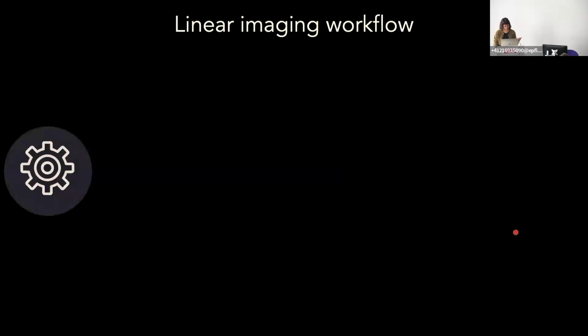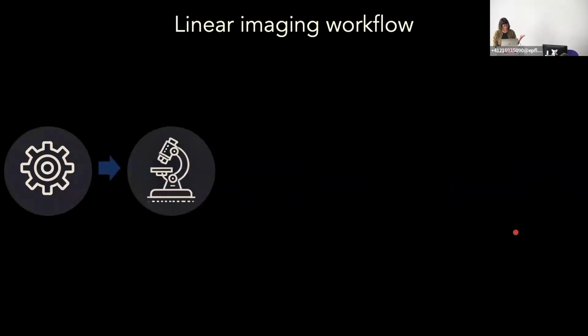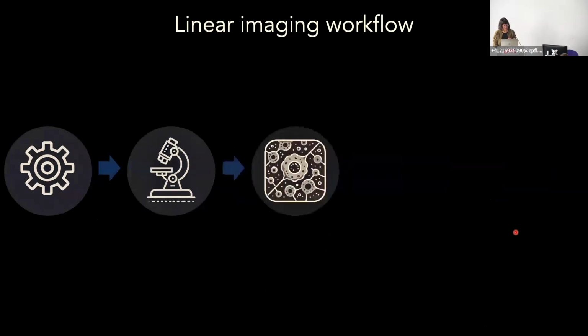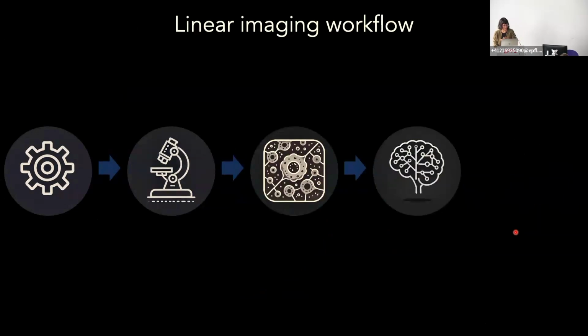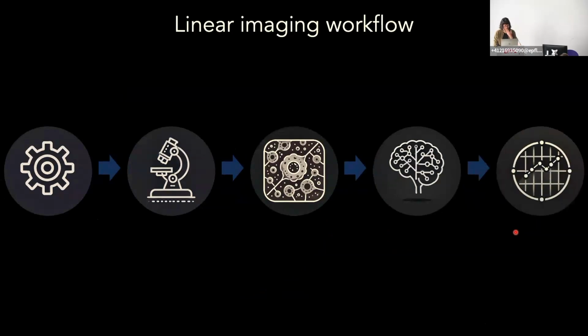We think about a typical imaging workflow as being sort of a linear workflow where you have your system that you're studying, you put it on the microscope, you take images, and perhaps now with modern tools, you use different forms of artificial neural networks or machine learning to process this data.